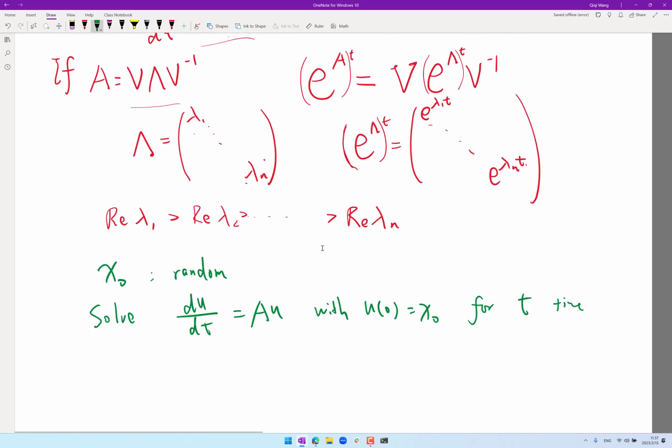Okay, and then we look at the magnitude of u at time t and take that to the 1 over tth power. That gives you the magnitude of e to the lambda 1, right?